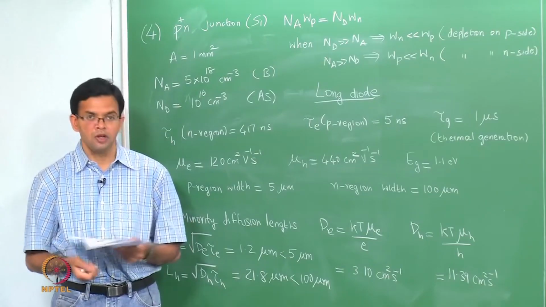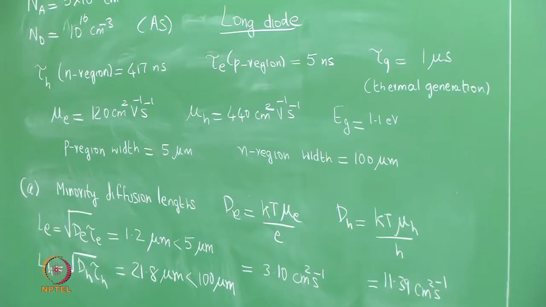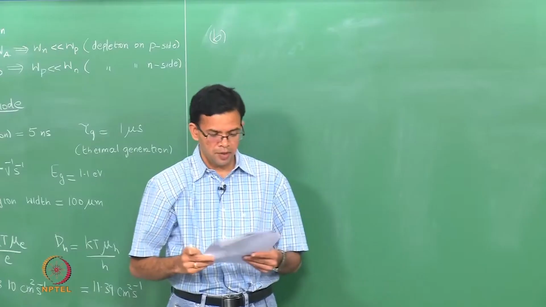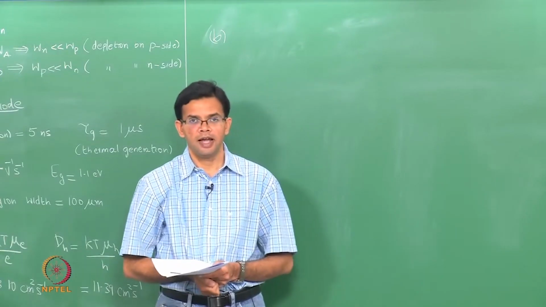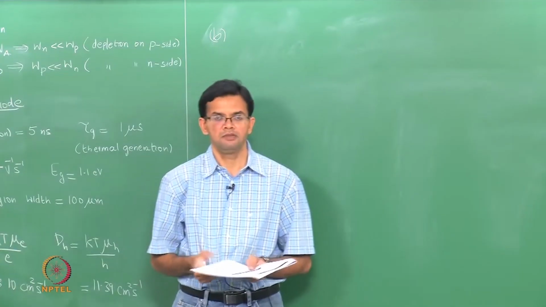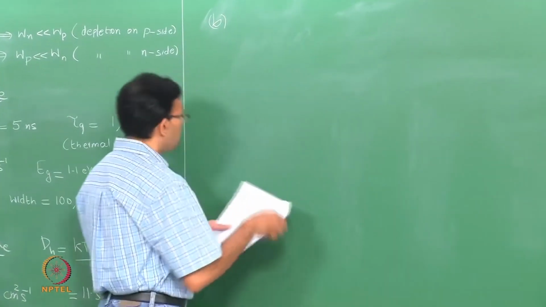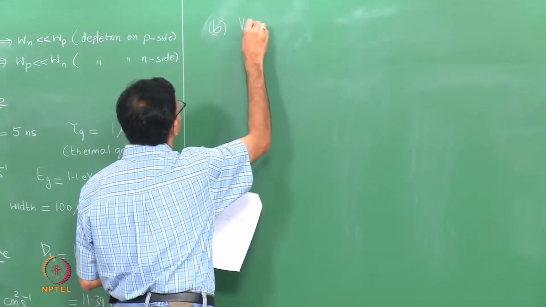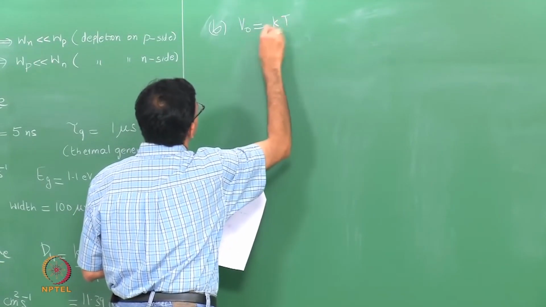Let us go to part B. In part B we want to calculate the built in potential across the junction. So, this is the potential when the junction is in equilibrium. This is fairly straightforward.